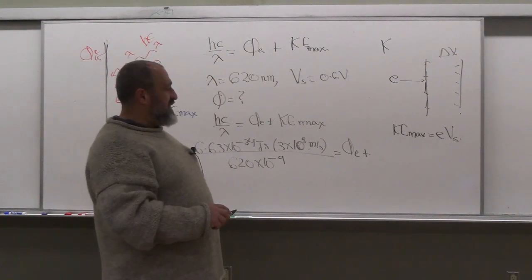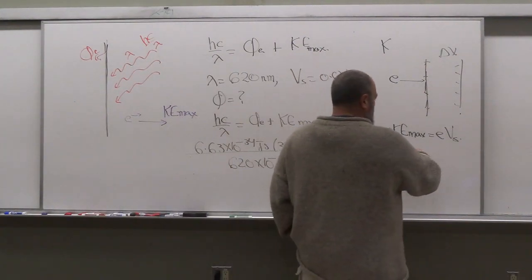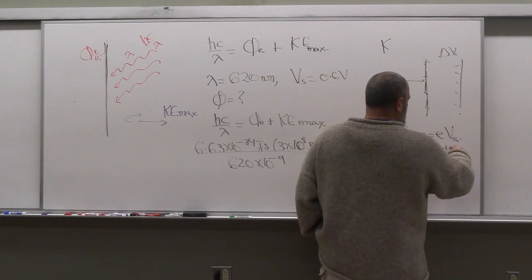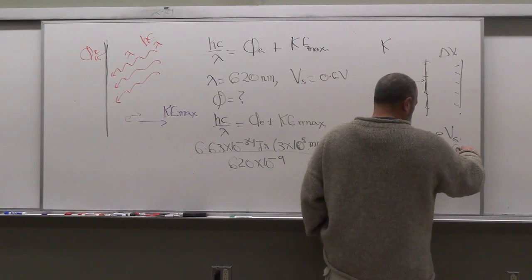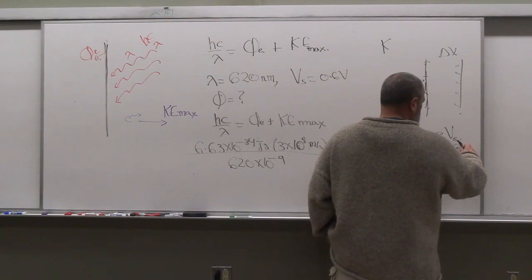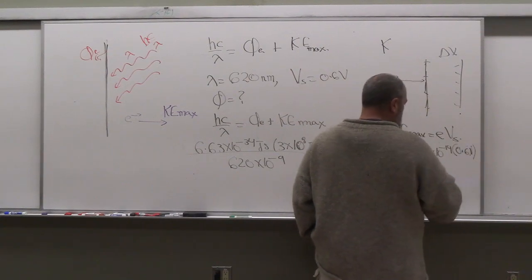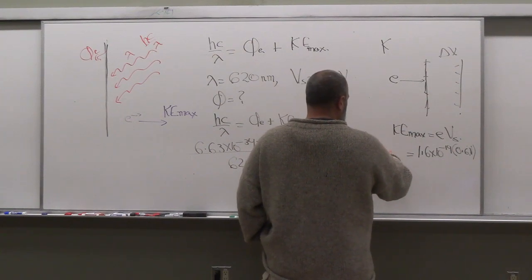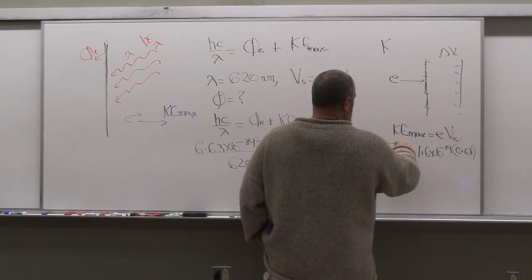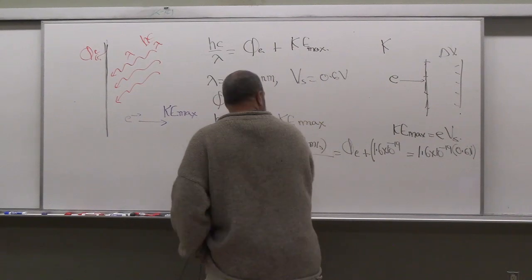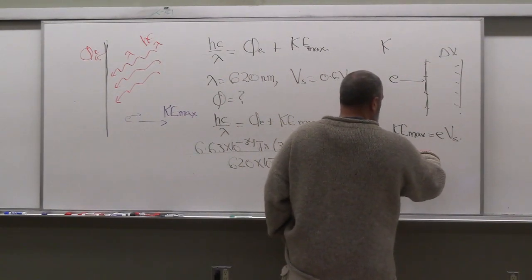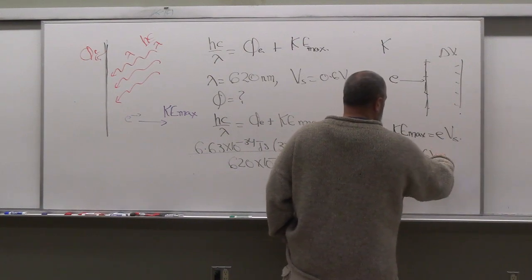The maximum kinetic energy, Ke max, is equal to what? In the SI system, it's the charge of the electron, 1.6 times 10 to the power minus 19, multiplied by the voltage, which is 0.6 volts. Okay, so phi electric plus this 1.6 times 10 to the power minus 19 multiplied by 0.6, and this is coulombs, and this is volts.